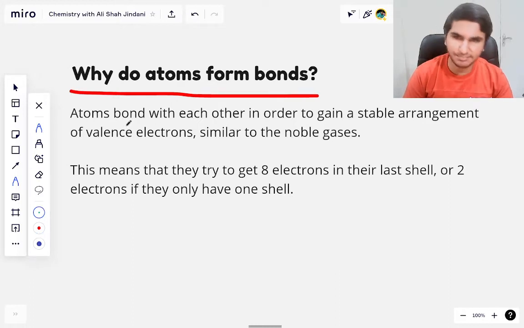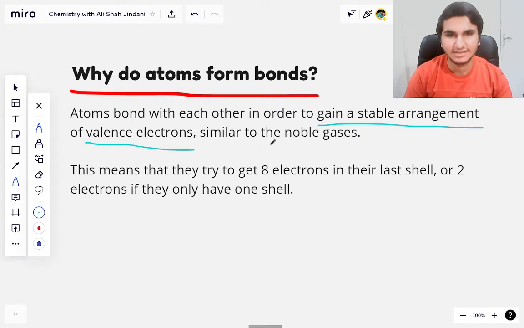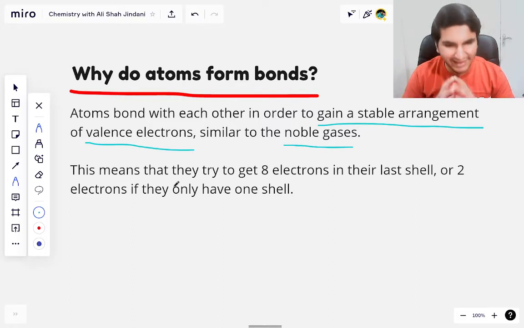Atoms bond with each other in order to gain a stable arrangement of valence electrons similar to the noble gases, right? As we discussed, noble gases are already stable. They do not have to react, they do not have to form bonds. But the other elements, except for the noble gases, have to form bonds, have to react in order to get a stable arrangement.